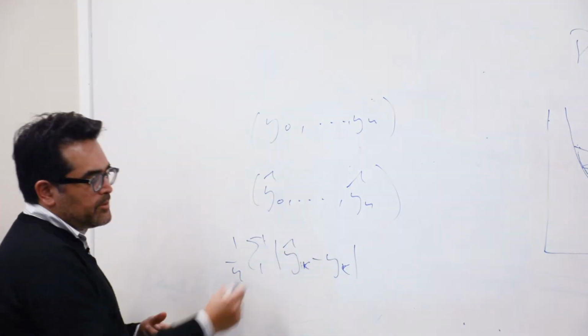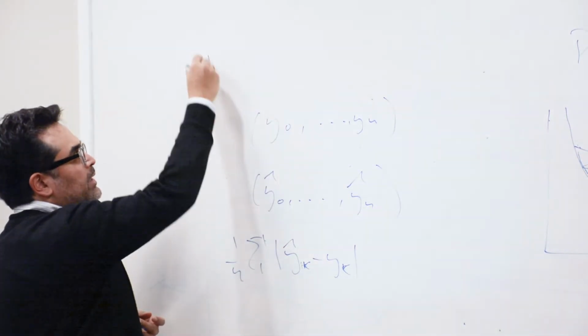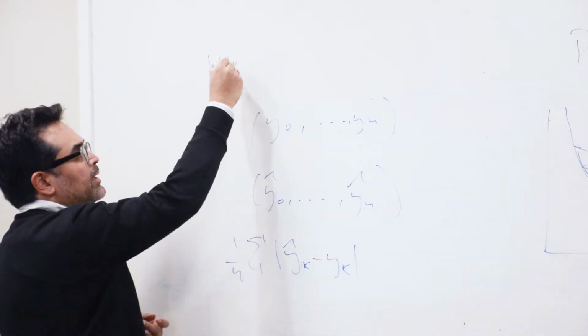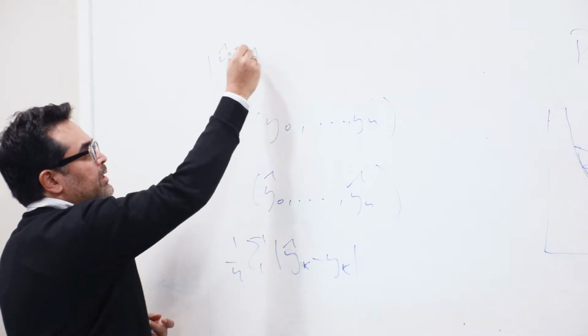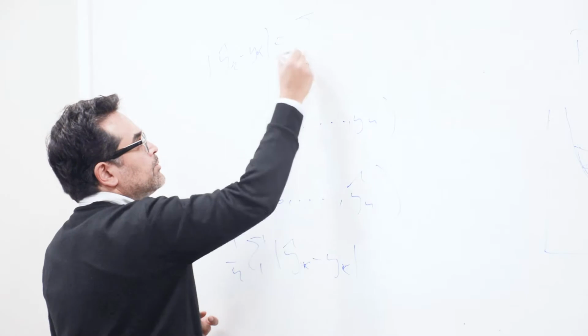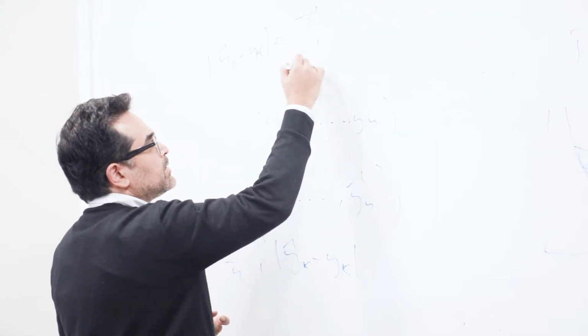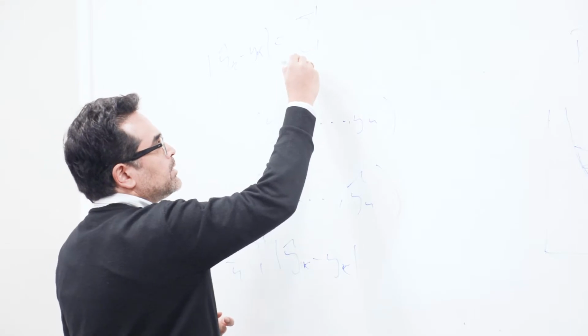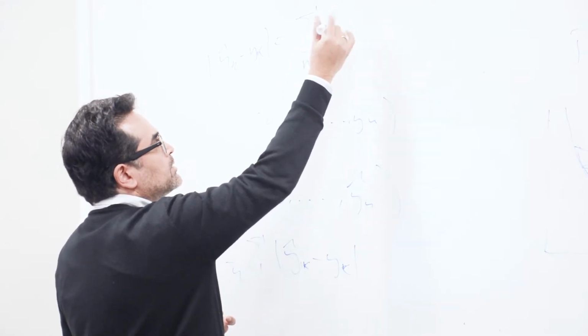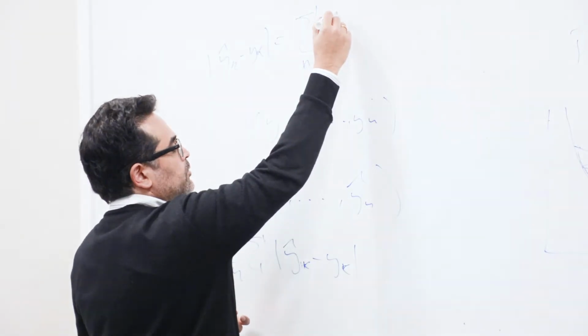And the absolute value of the difference between yk prime and yk is equal to, over n, is, so it's y.